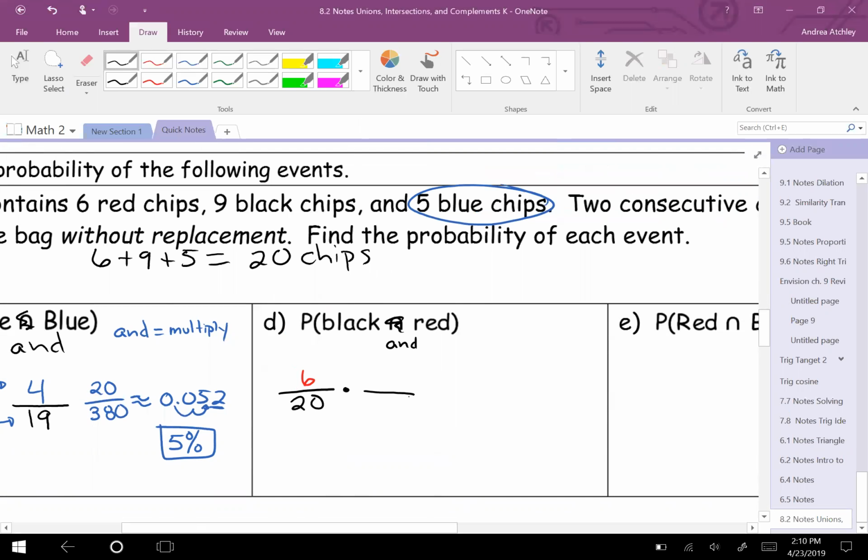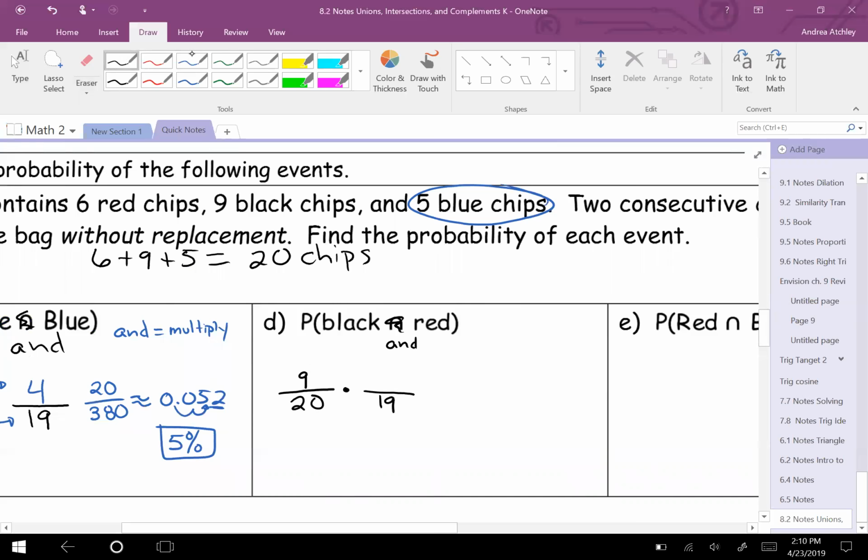How many chips are left in my bag right now? 19 again. Oh, I did that backwards, right? Nobody call me out. What am I going to pull first? A black chip, right? So how many black chips are there? 9 black chips. So that should go first because I want to pull the black chip first.